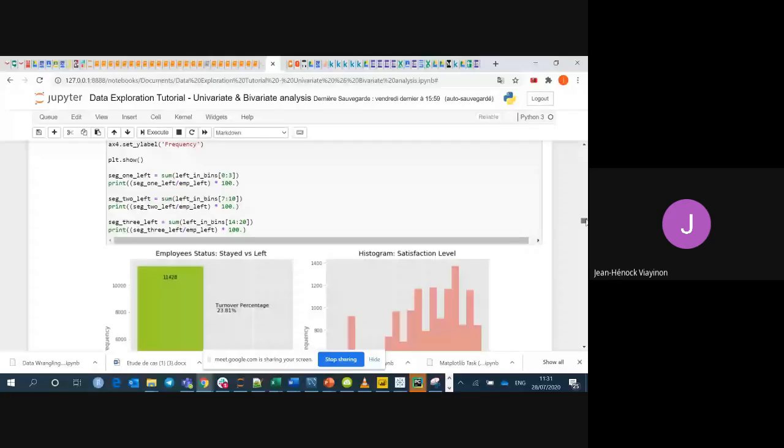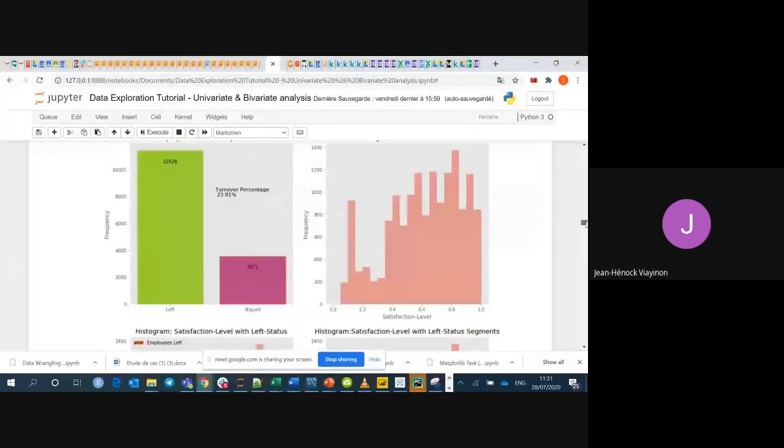So the plot is the more important part, the distribution of... I'm sorry, I put the wrong status, it's actually the current employees.